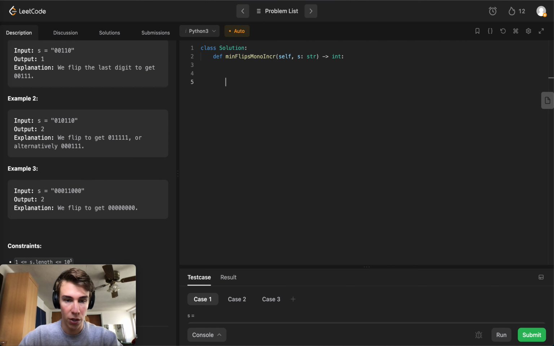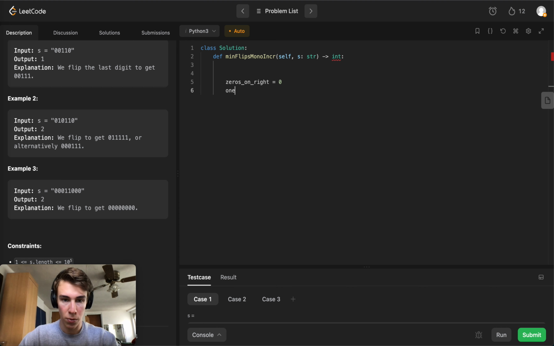Let's start the implementation. I'm going to roughly draw this out first. On the right, we have to keep zeros on right.